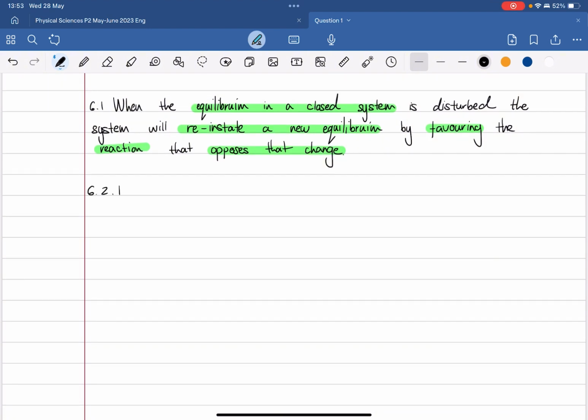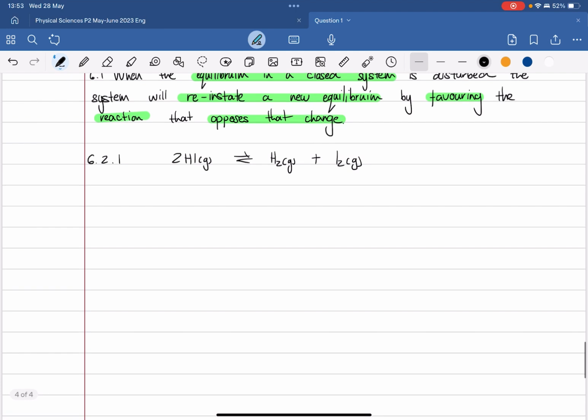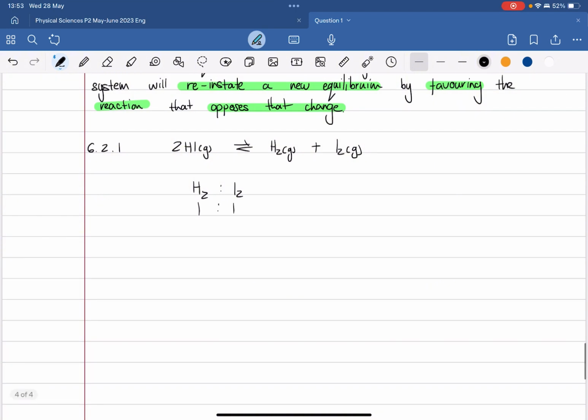From the balanced chemical equation, we can see that there is a 1-to-1 relationship between the iodine gas and the hydrogen gas.